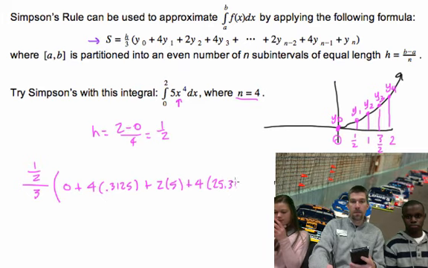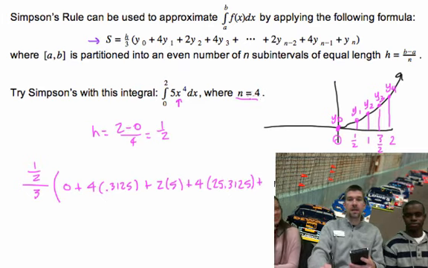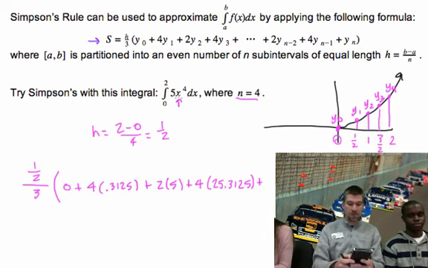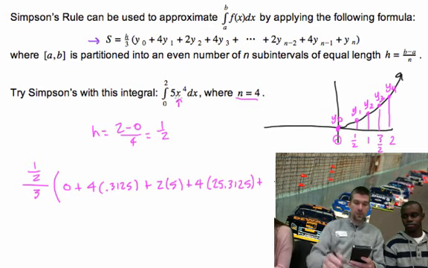Plus, and then 4 in for that guy, so 5 times 4 to the 4th, which is 1,280.